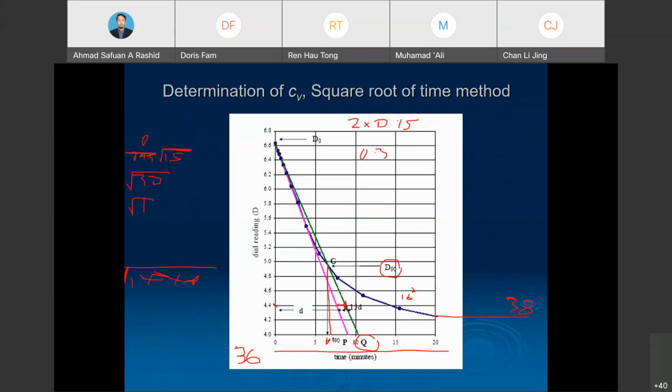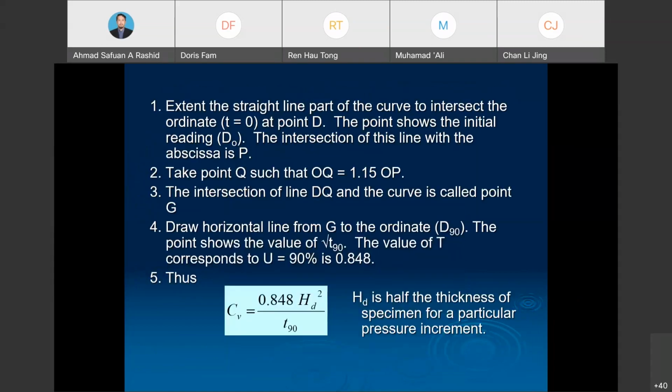Okay, then by raising to the power of 2, we get the actual time to represent the time in the equation for the CV. Okay, so this T90, which is 36, should be put in this equation.